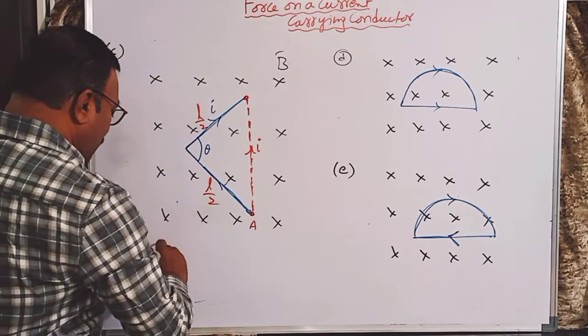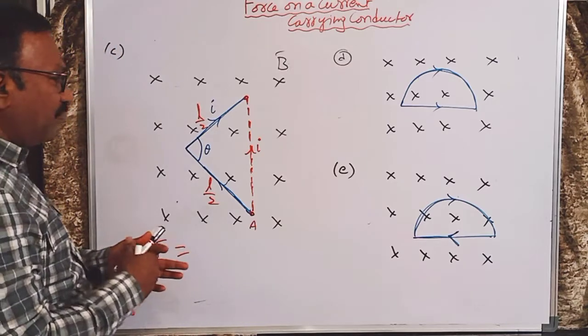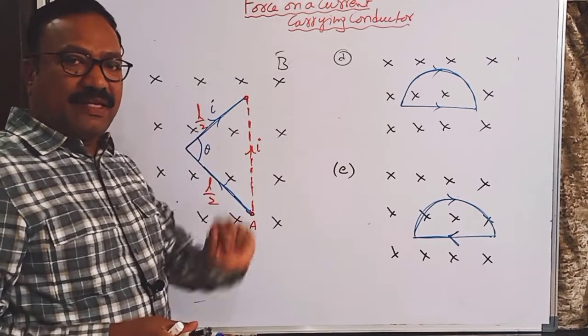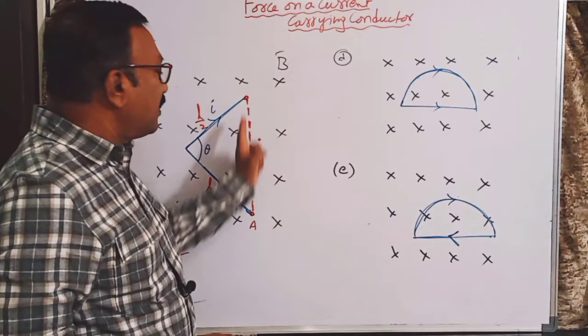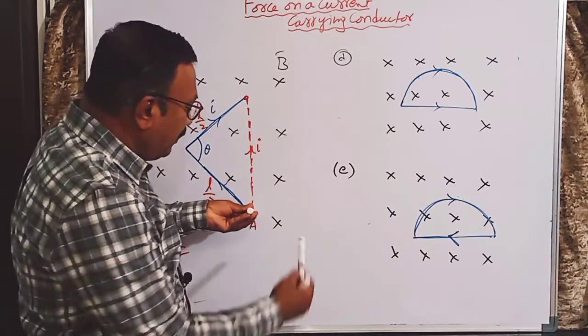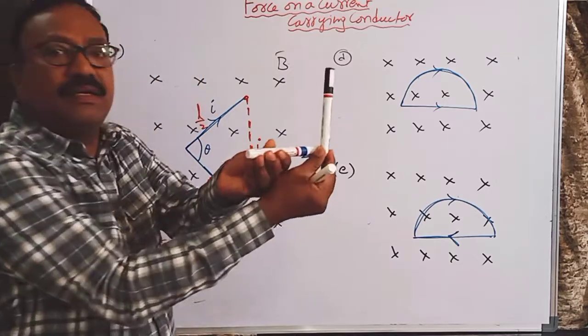So what is the force now? B I L sine 90. No doubt, whenever you have a magnetic field inward and you place a conductor like this, theta is 90. Why? Because the magnetic field is inward and this is an imaginary current. What is the angle between them?